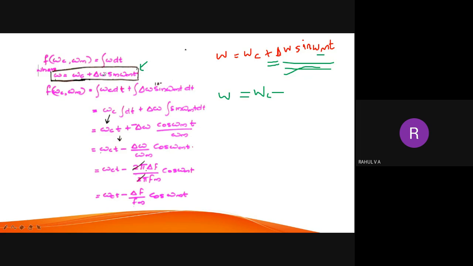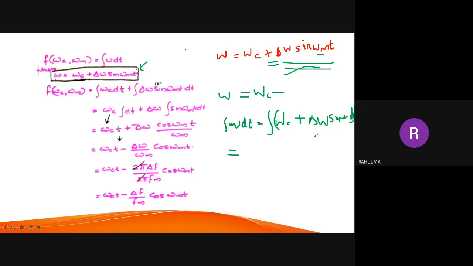So I can divide this term into two. I can write the integral of omega dt is equal to the integral of omega c plus delta omega sin omega mt dt.